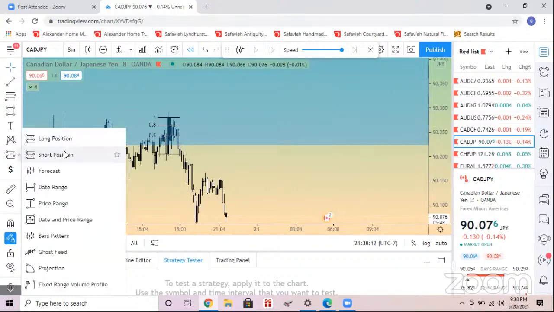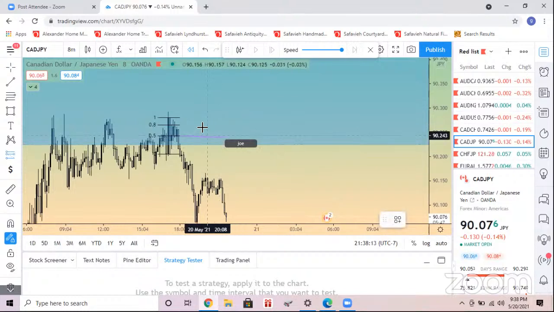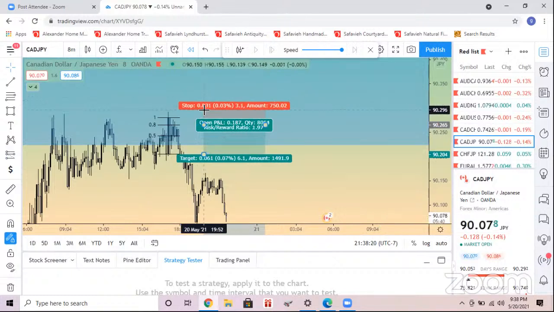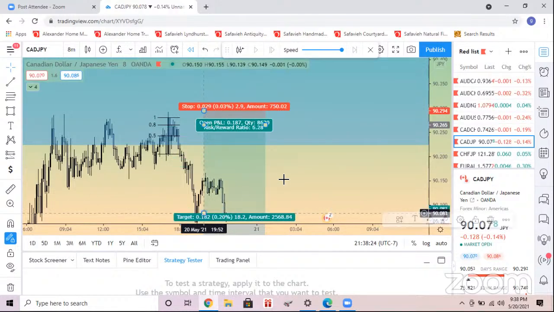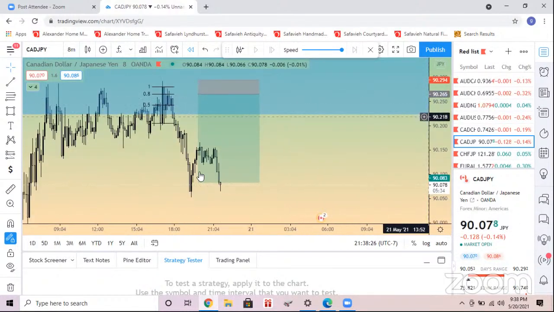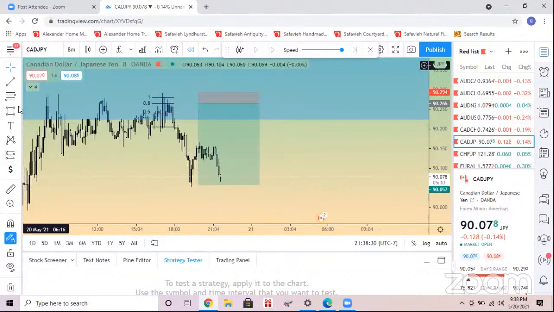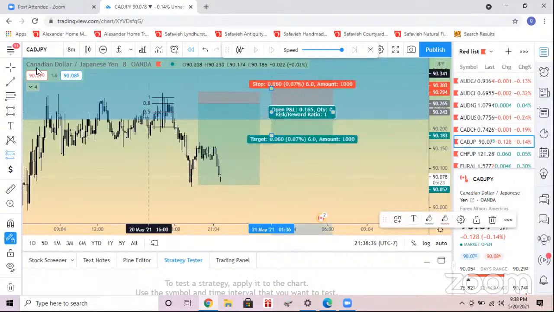From the 80? $3.1. So 50 is probably gonna be like 7.